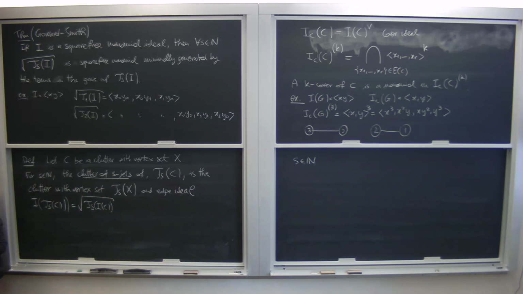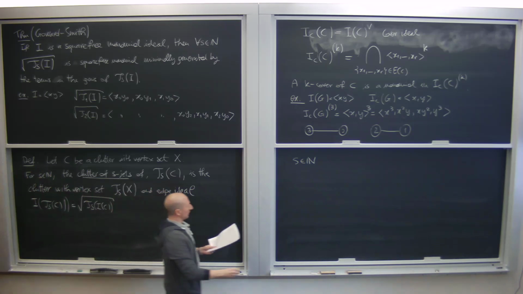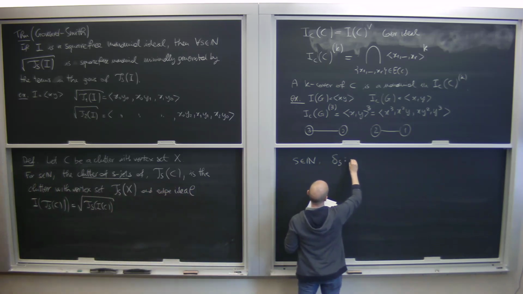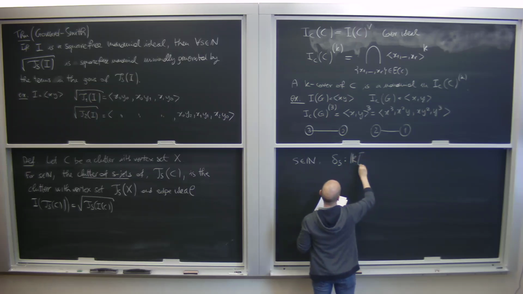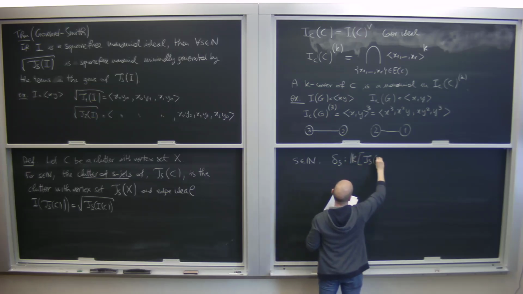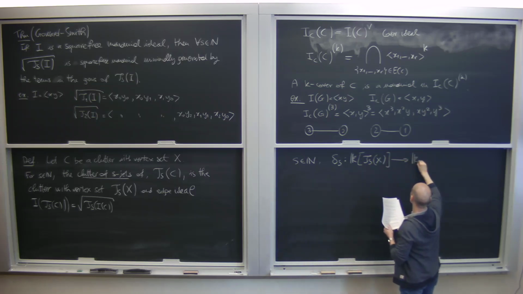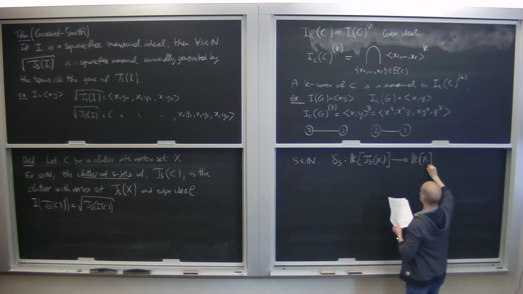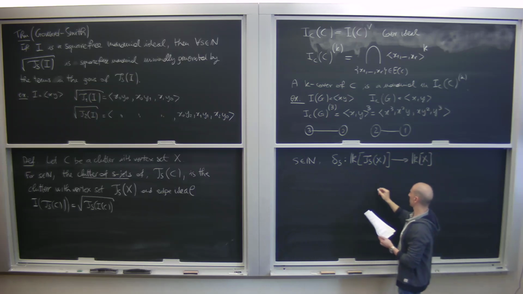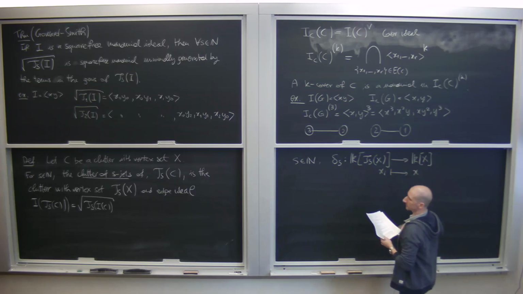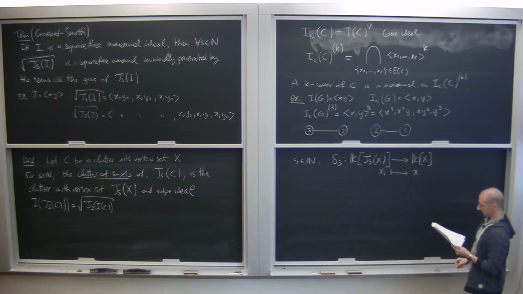This is what I'm referring to. So you can define a map. I denoted it delta S. It goes from the ring with all the variables with the subscripts back to the original ring without the subscripts, and it sends a variable x_i to just x, forget the subscript.